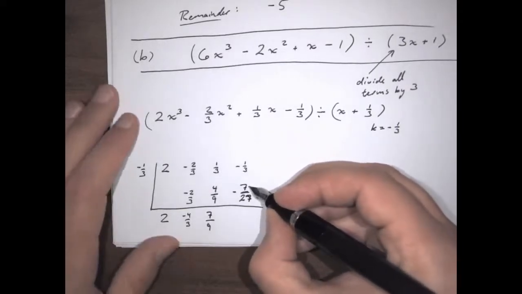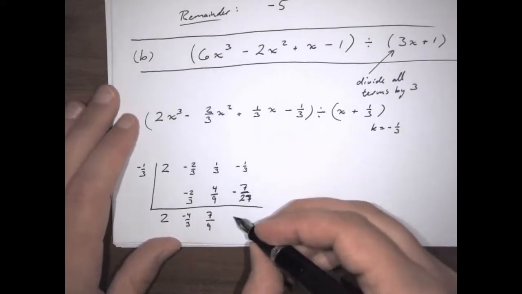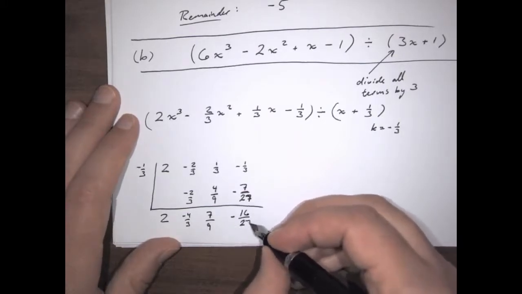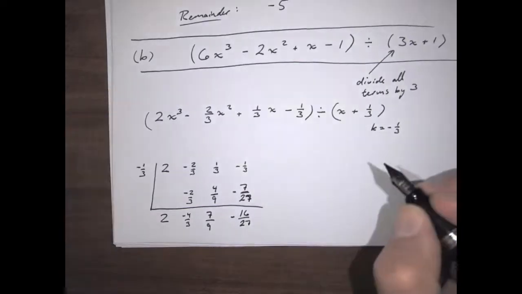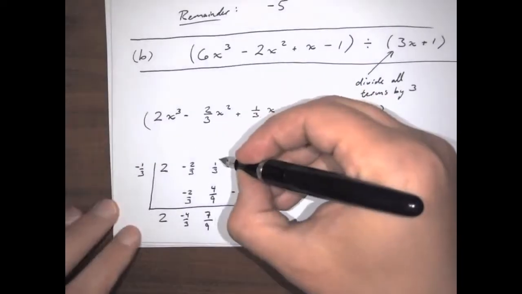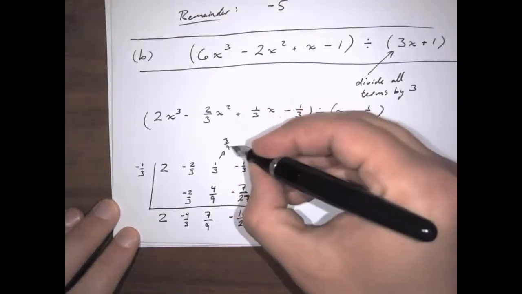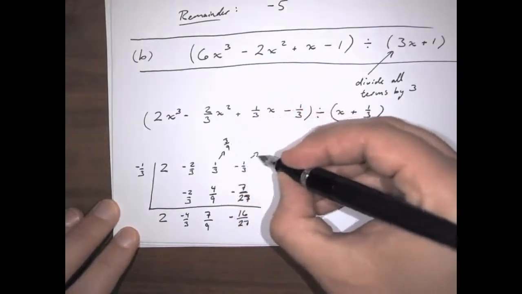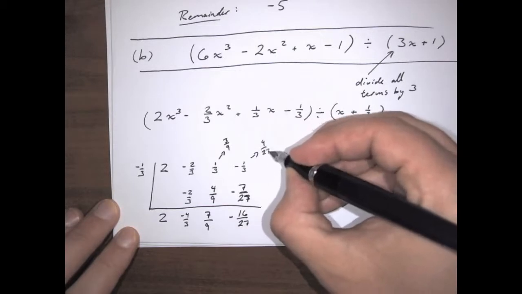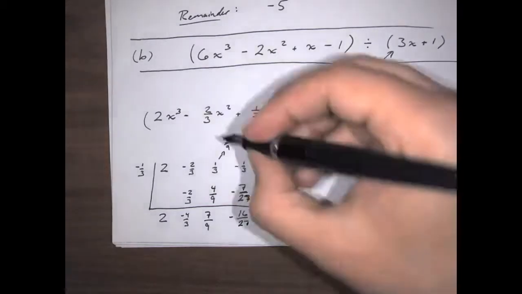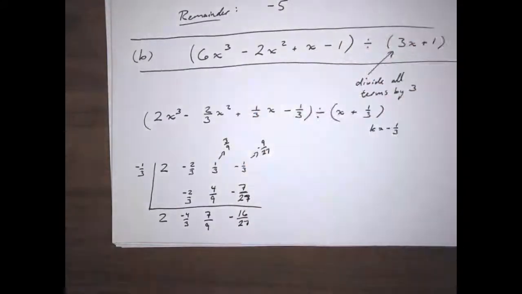It's going to be 9/27 plus 7/27. So negative 16/27. Just for the record, the reason how we did this was it's the same as 3/9, and that's the same as 9/27. So we just multiply the top and bottom by 3 in this case, by 9 in this case.